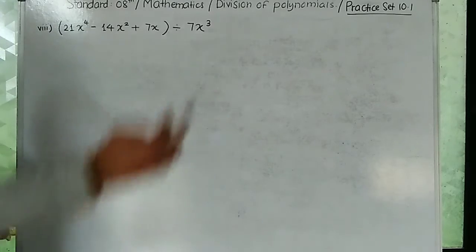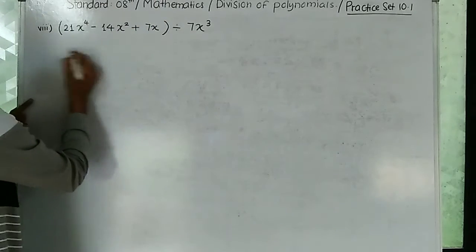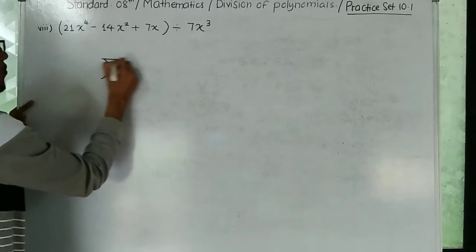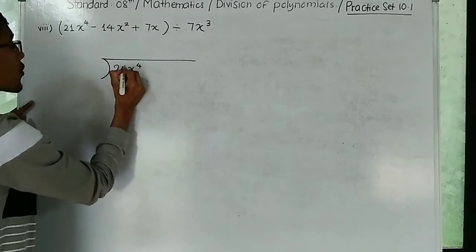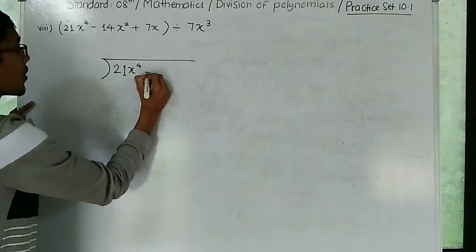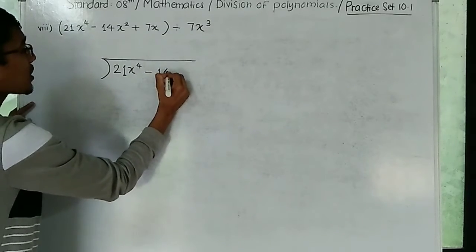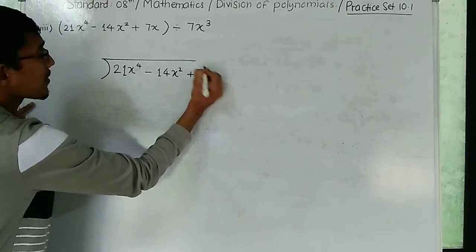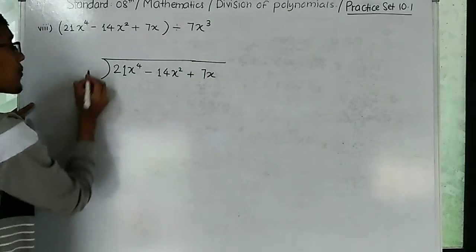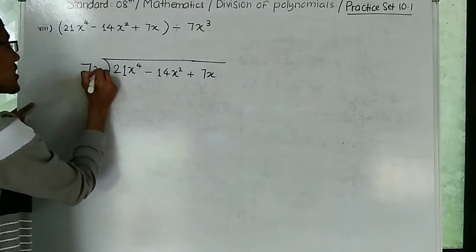Okay, so what we can do, 21x raised to 4 minus 14x square plus 7x, okay, divided by 7x cube.